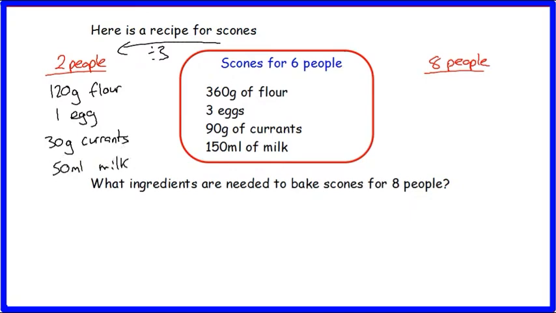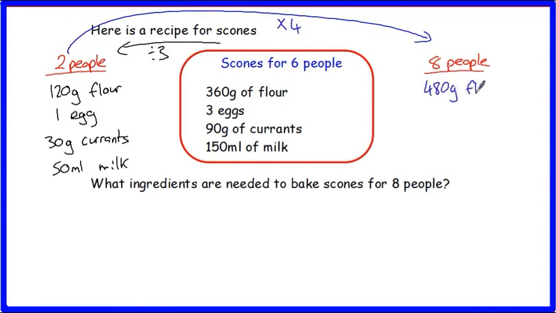And then to get from there to there, I multiply it by 4. That's 480. 4 eggs. 120. And 50 becomes 200.